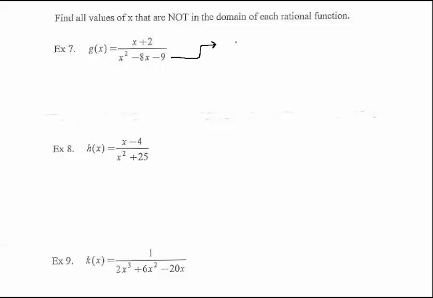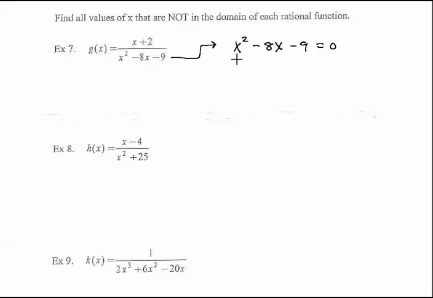So automatically we pull out the denominator, and I always put equals to 0. I want to find out what makes this denominator equal to 0. If you want to, you can put a slash through it just like the workbook does. Either way, the numbers that we get from solving this equation are not in the domain.